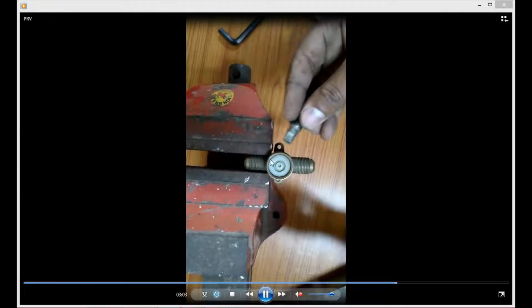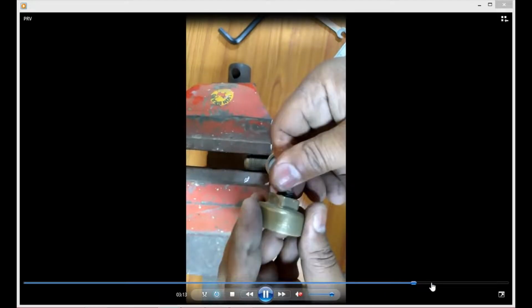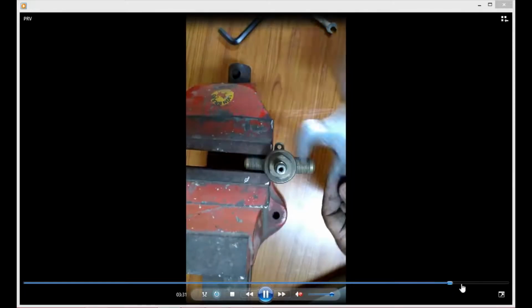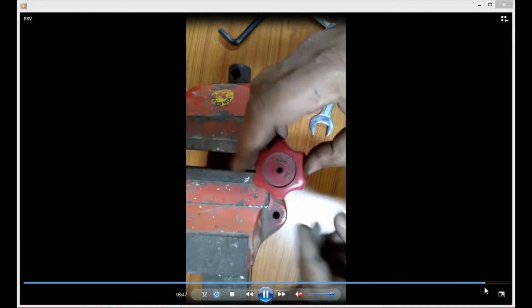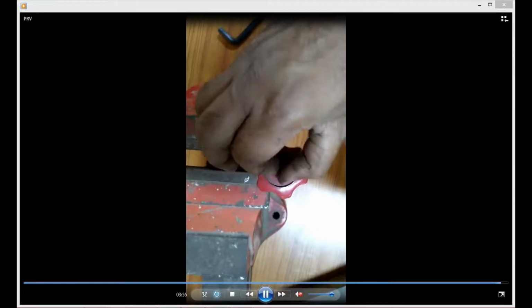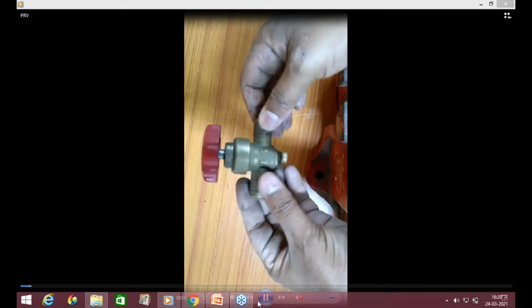Then you can fix the plunger with this plunger nut, using the spanner. Then insert the handle at its location, then fix it again using the screw. So this is the method to remove and assemble this tool.